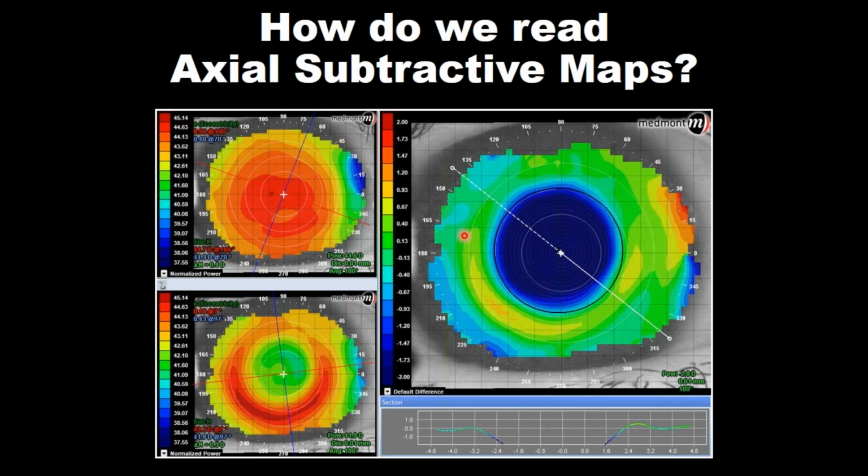Now, if this reading of the subtractive map is a bit confusing, what we might do is overlay the CRT fluorescein pattern over the treatment zone. So here's our axial subtractive map. We see that blue treatment zone well centered to the black pupil. What actually creates that?